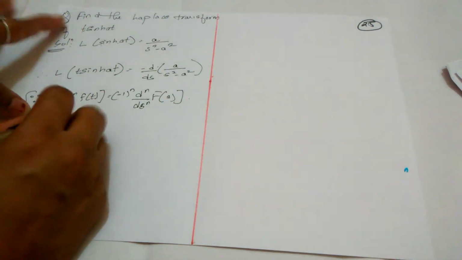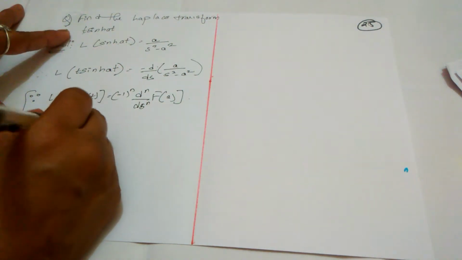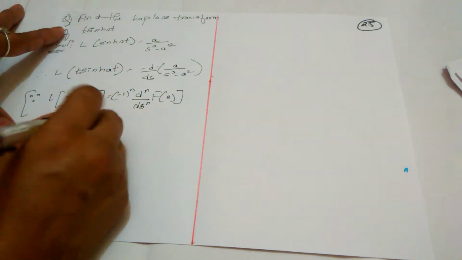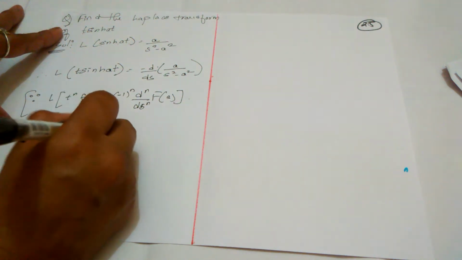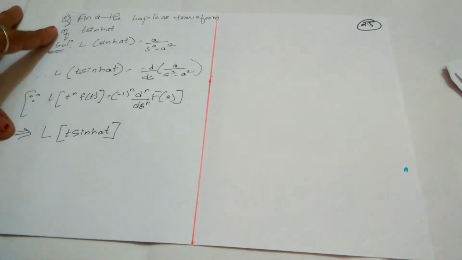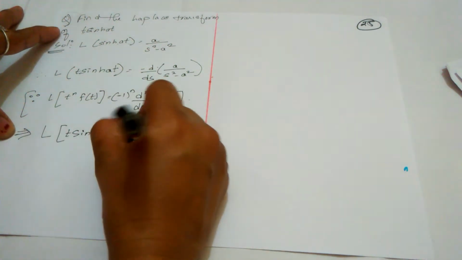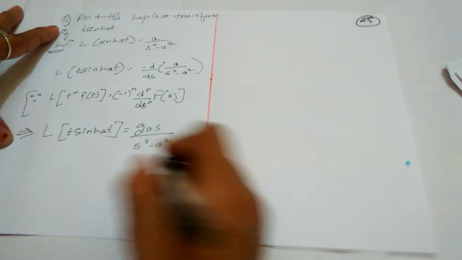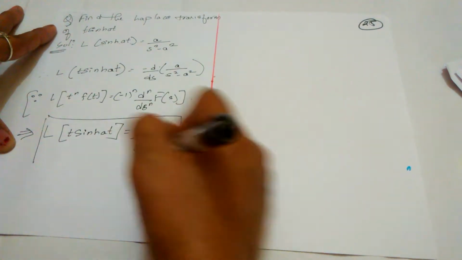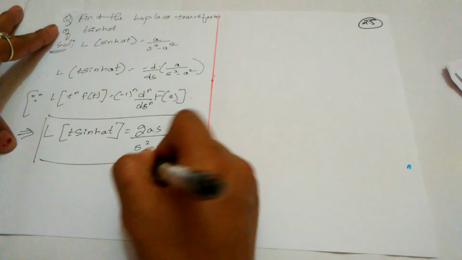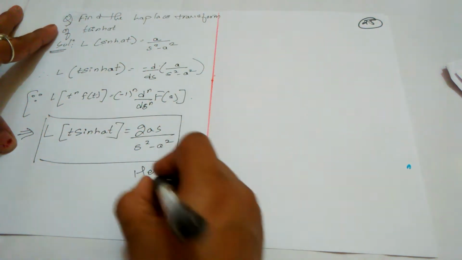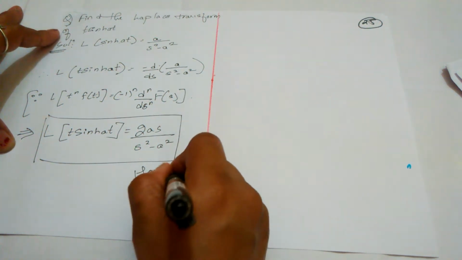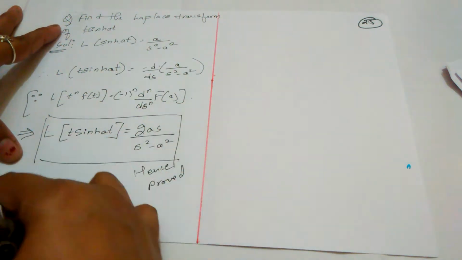So what we are getting here is L of t sinh at is equal to 2as upon (s square minus a square) squared. Hence, we have found the Laplace transform of t sinh at. That's it.